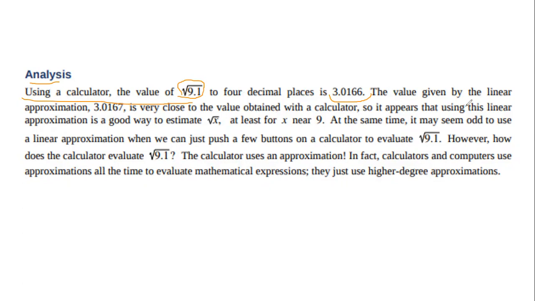The value given by linear approximation is 3.0167, the value we found here. So it is very close to the value obtained with the calculator. It appears that this linear approximation is a good way to estimate root x, at least for x near 9.